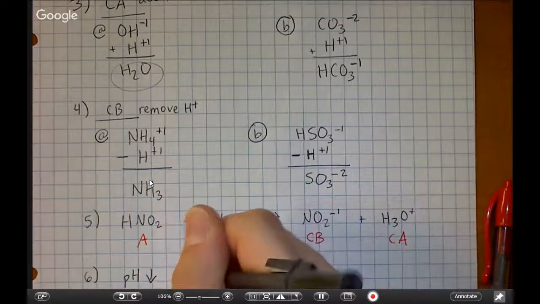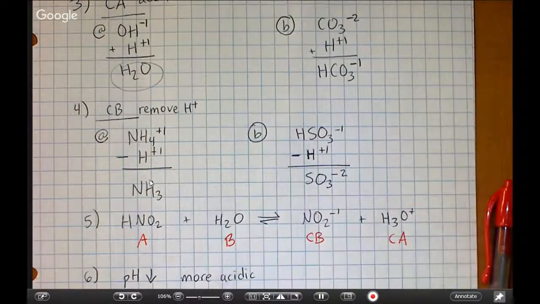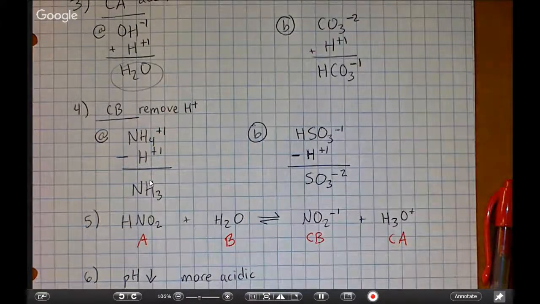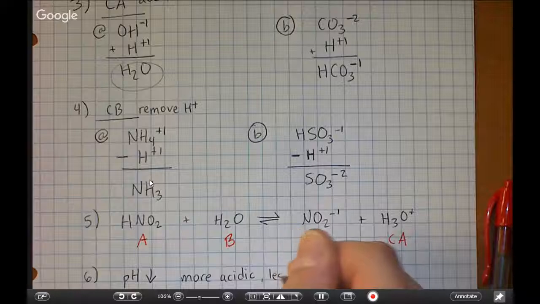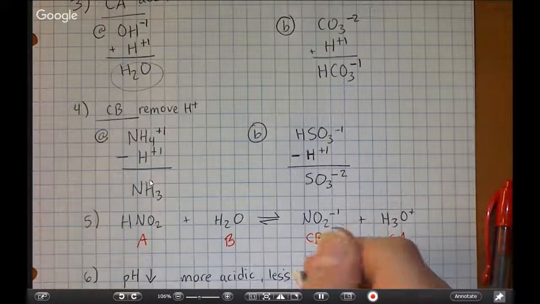More acidic. Okay, I don't know what the exact value is. So if we gave exact values, maybe it is basic still. But the idea of the trend is if it's going down, we're becoming more acidic, less basic.